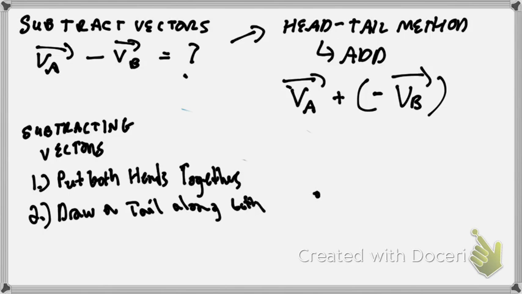So let's look at this. VA minus VB. Let's go ahead and look at an example. So VA looks like this and VB looks something like this.